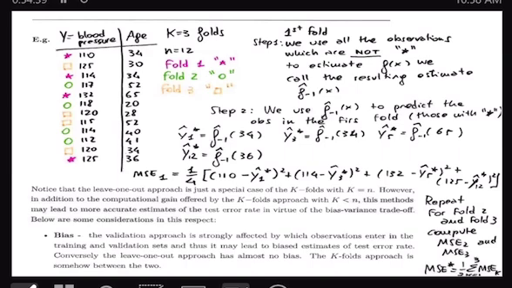But the K-fold approach is between them. Because it's between them, I think it is in a very good statistical position, and that's why K-fold is actually preferred.